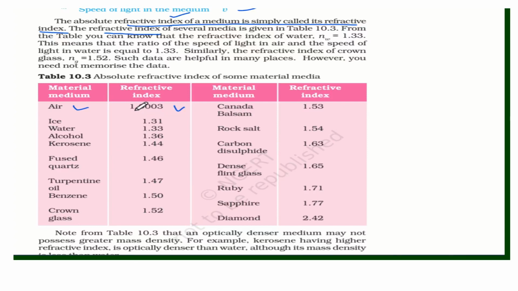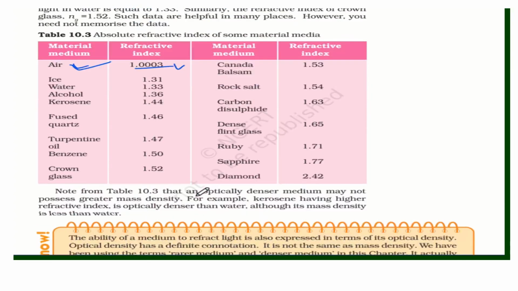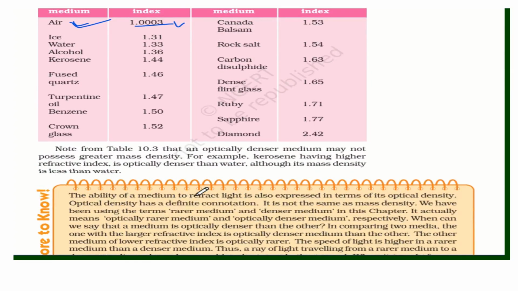From this table we can find out the refractive indexes of the different materials. If refractive index is more, the speed of light in that medium is less. If refractive index is less, speed of light in that medium is more.